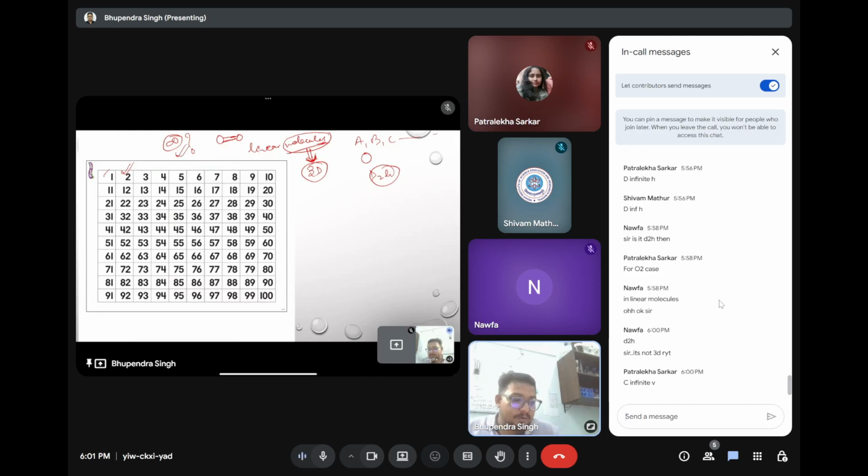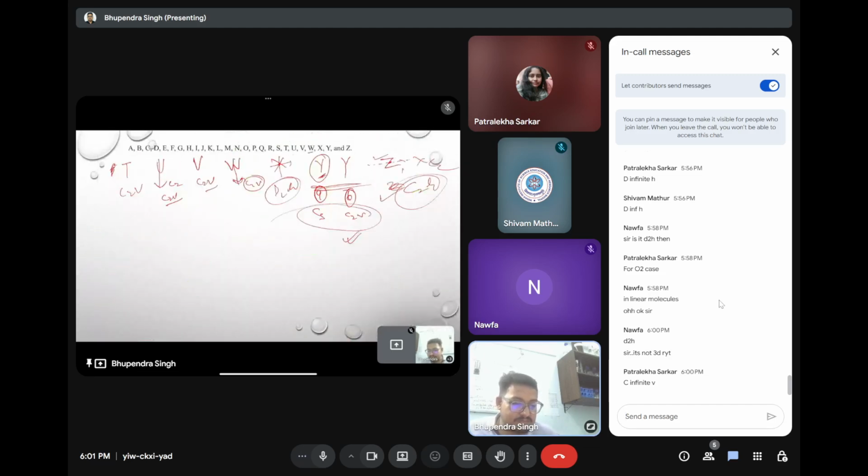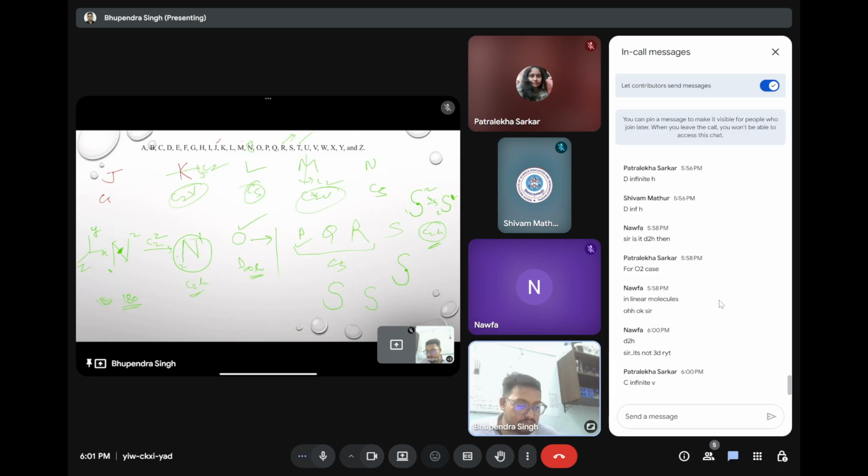But I brought this here because it is 2D. Still, the point group of this is D infinite H. We have seen here O. Where is O? This O. See?